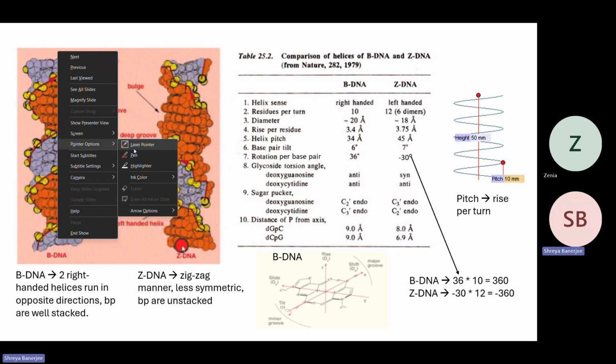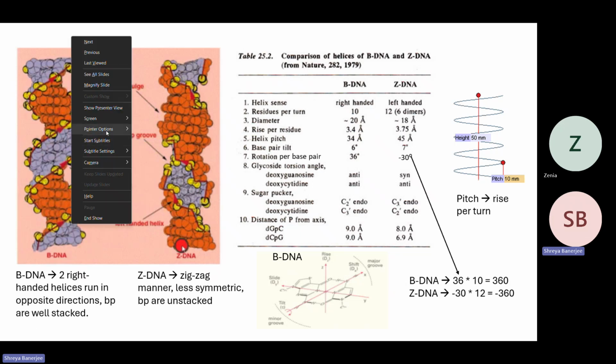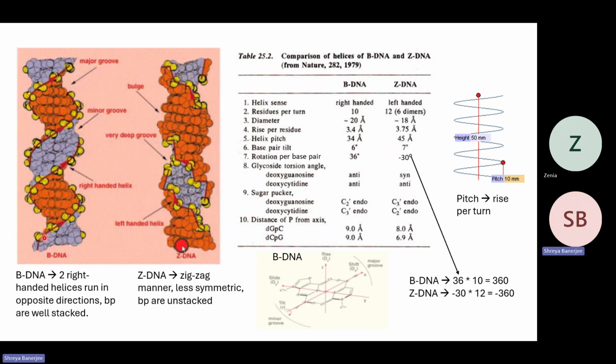By opposite directions, it means that if this strand is 5' to 3', the other strand will be 3' to 5'. And the base pairs are well stacked. We saw in the previous case also that the base pairs are almost perpendicular to the axis of the helix in B-DNA. And in Z-DNA, there is kind of a zigzag conformation. It is not as symmetric as B-DNA.